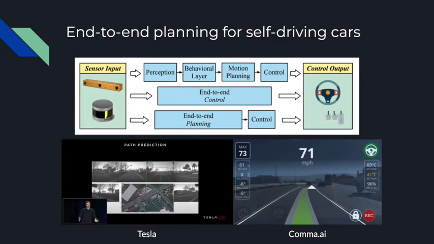Next slide. And so this is not really related to the competition, but it's a bit of a tangent. You would naturally maybe lean towards the idea of end-to-end planning or control for self-driving cars. And not a lot, but some of these level 2 companies are starting to adopt this, such as Tesla and Comma AI.